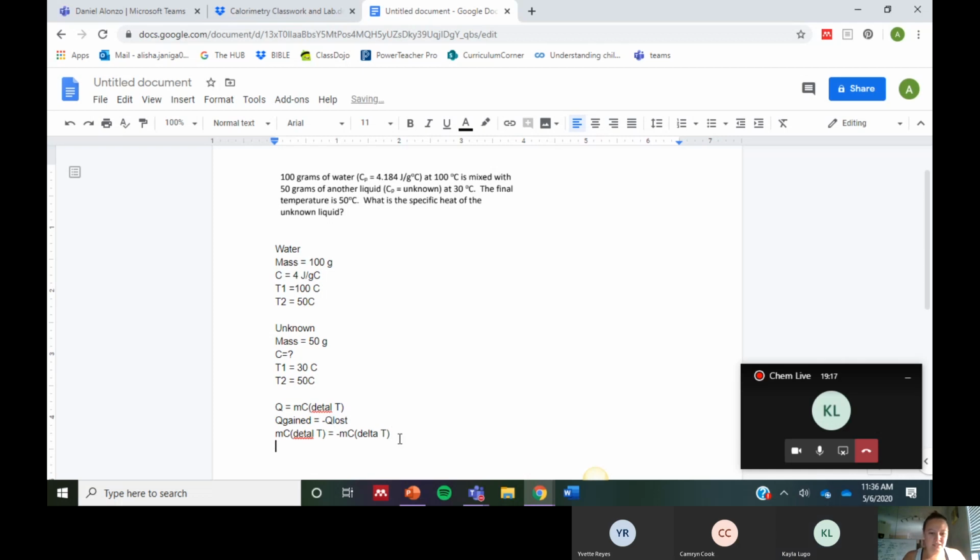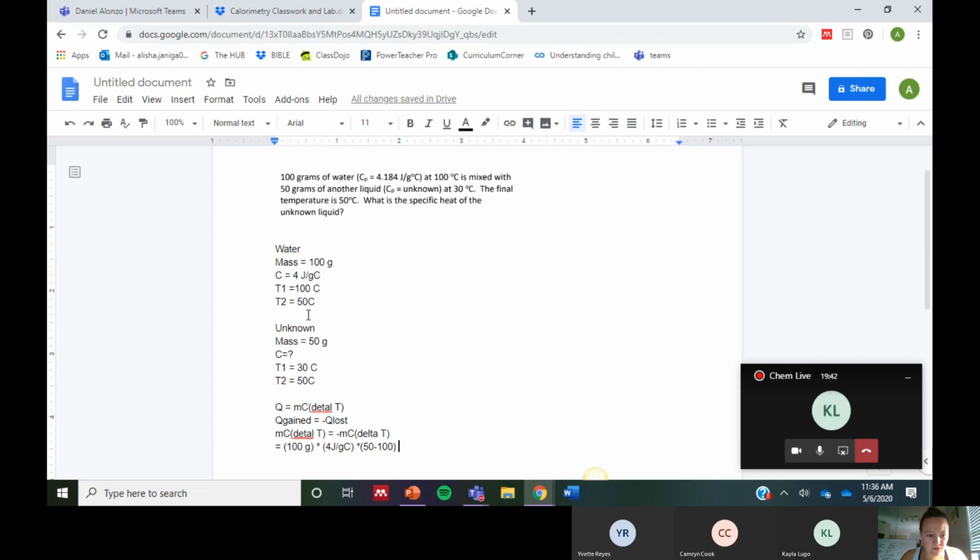So we'll put equals 100 grams times 4 joules per gram Celsius times our change in temperature. That's going to be T2 minus T1. So 50 minus 100.